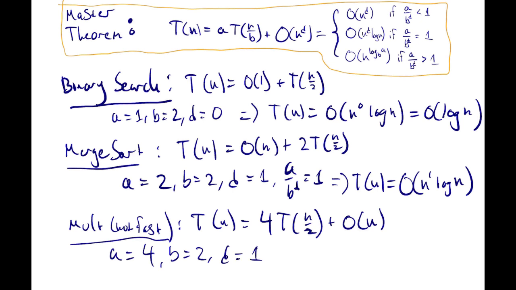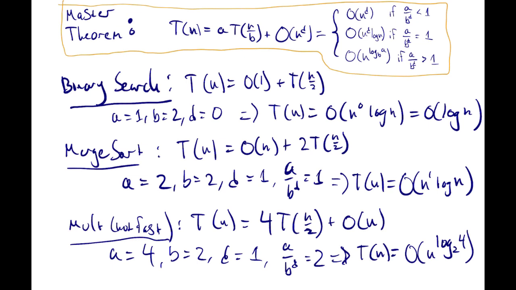So a over b to the d equals 2 in this case. That's greater than 1, so we end up having to use the last case, T of n equals O of n to the log base b of a. What is that in this case? Log base 2 of 4. And what's the log base 2 of 4? Of course, this whole thing equals on the order of n squared. Good.